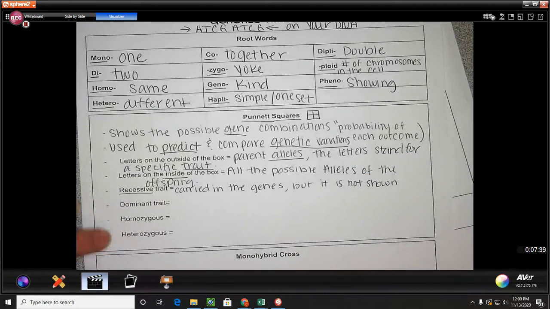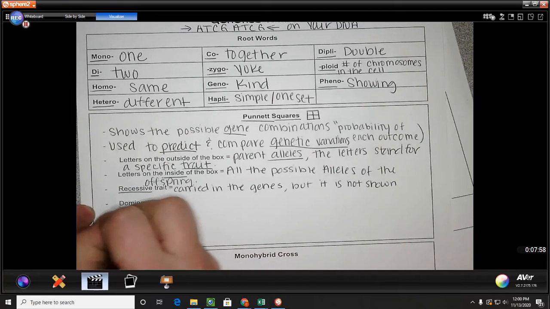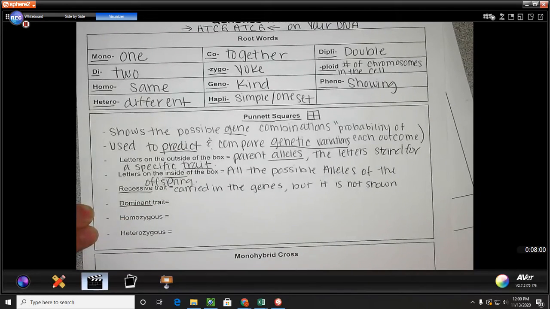Okay, so recessive is carried in the genes, but it's not shown. Example, you might have blue eyes, but your mom and dad might have brown. So blue eyes is recessive. It is a less dominant trait. So recessive is a weaker trait.